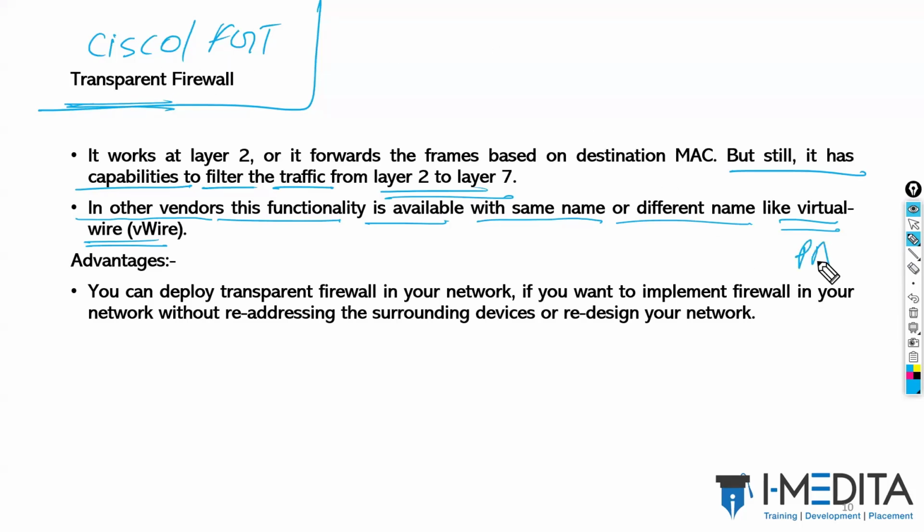But in Palo Alto, you will find it with the name virtual wire. Okay, the advantage of a transparent firewall: you can deploy it in your network if you want to implement a firewall without readdressing the surrounding devices or without redesigning your network.